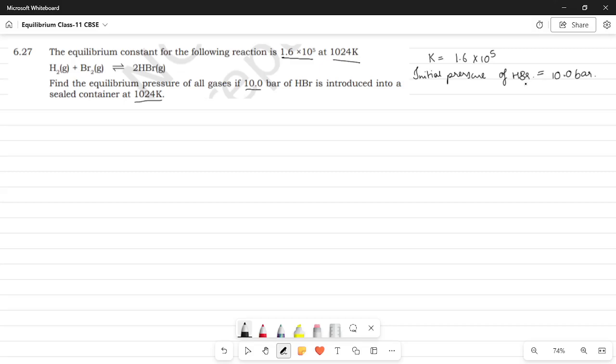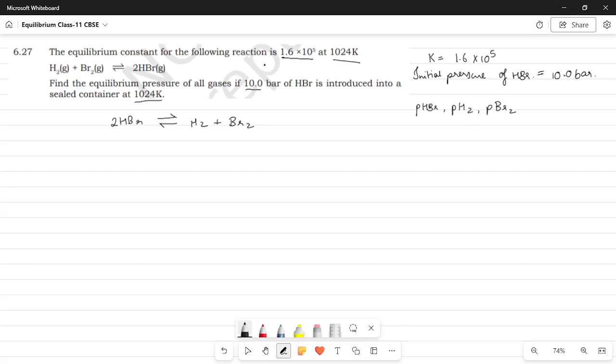So the first thing we need to find out is the value of PHBr, PH2 and PBr2 at equilibrium. So the first thing we need to write down is the equation. So the equation is going to be 2HBr is in equilibrium with H2 plus Br2.